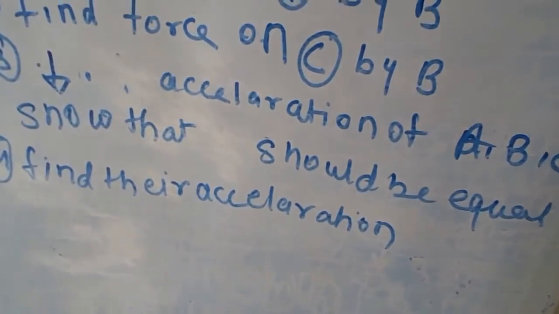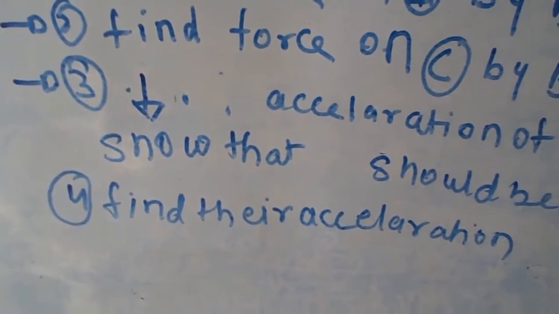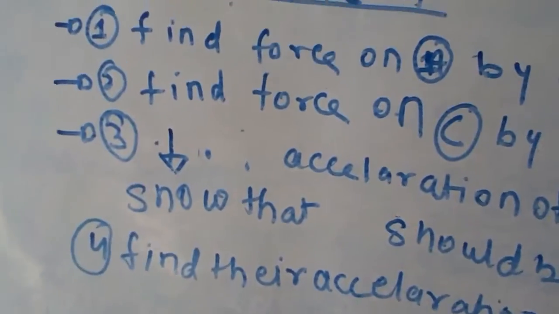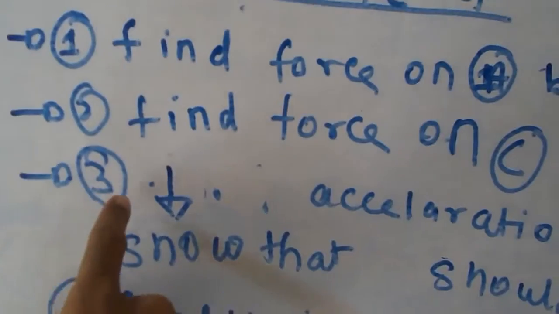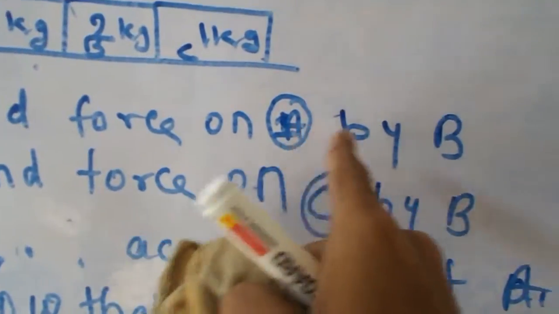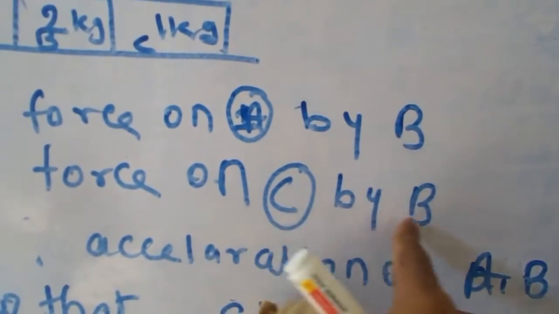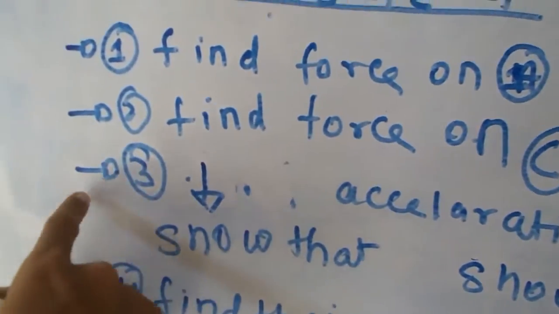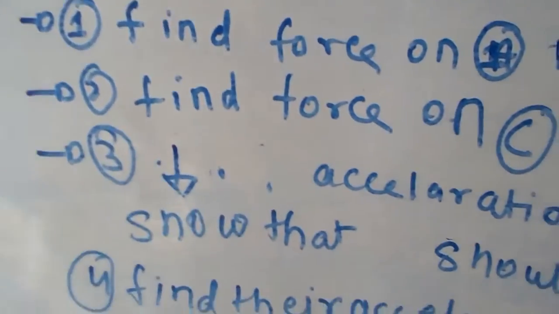We have to solve the third question first, so that we can easily calculate the normal forces, the force on A by B, the force on C by B, and the acceleration. We have to analyze this question first.